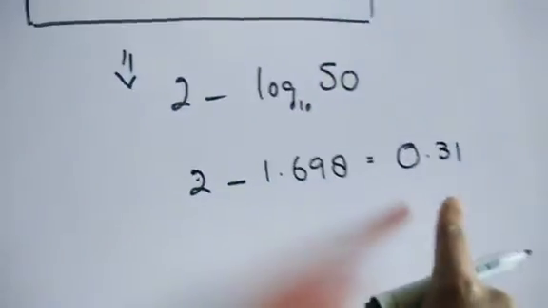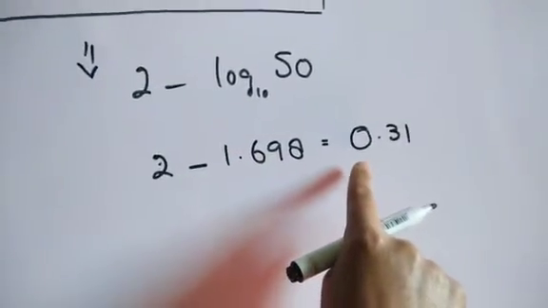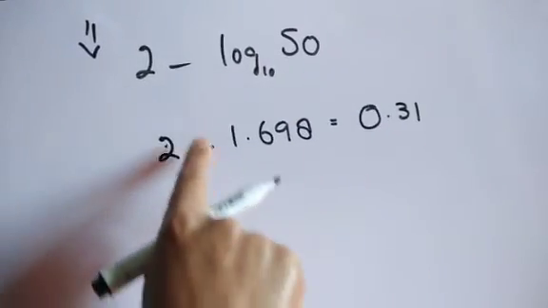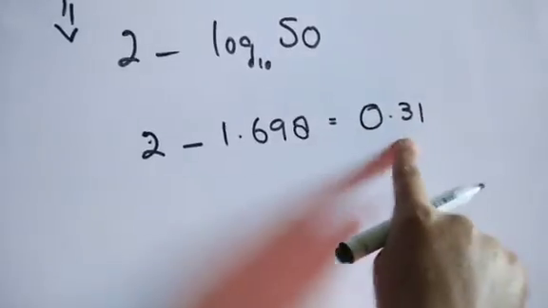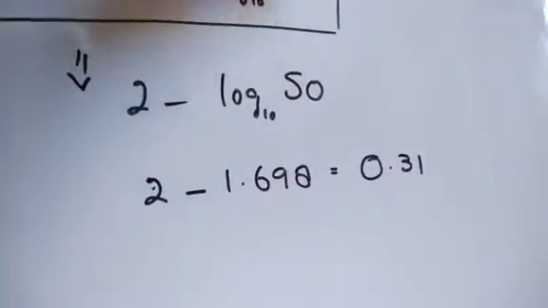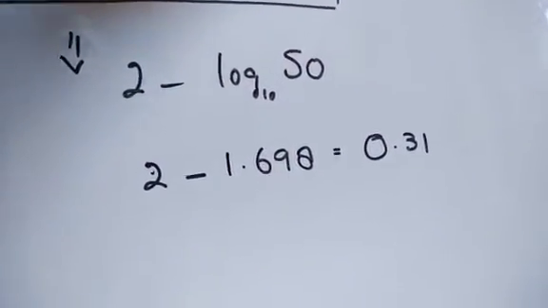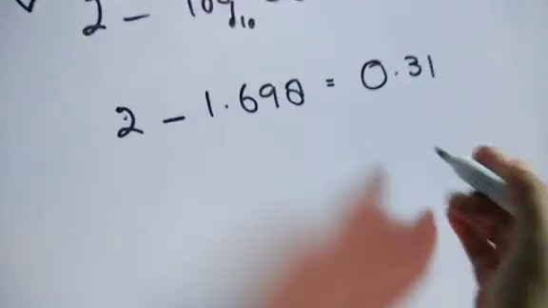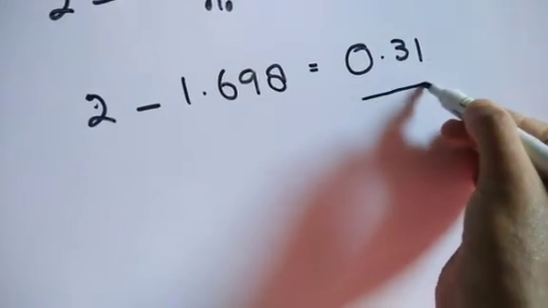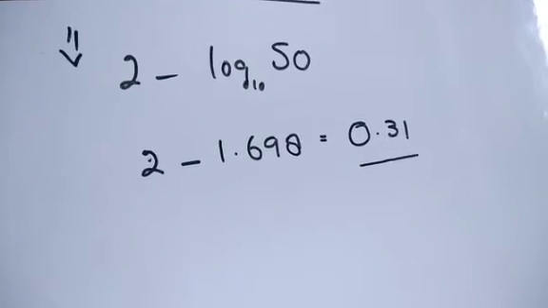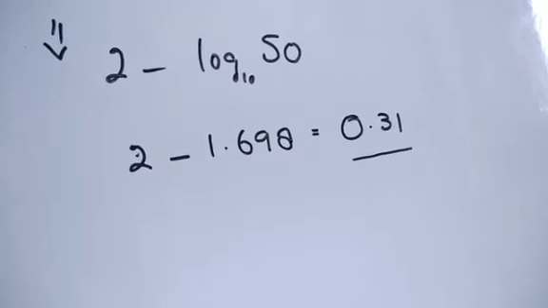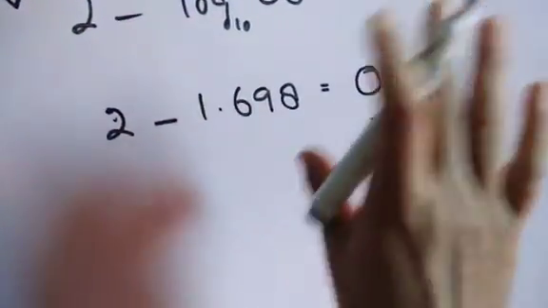So that means it turns out that your absorbance is 0.3. Or you can, if you multiply it by 100, you will end up with 31%. So absorbance is 0.31. So fine. तो इस तरह से आप निकाल सकते हो.